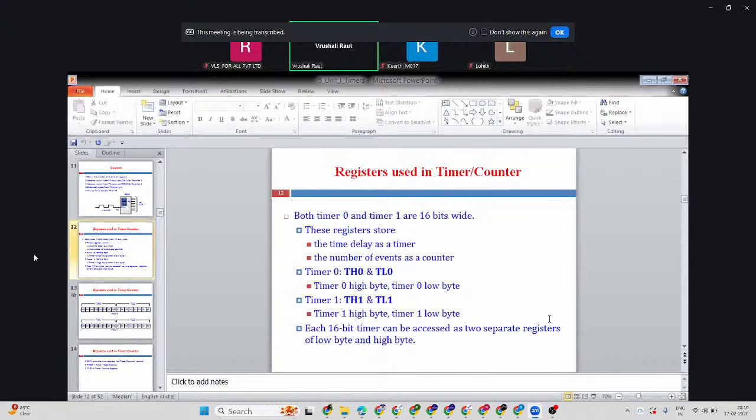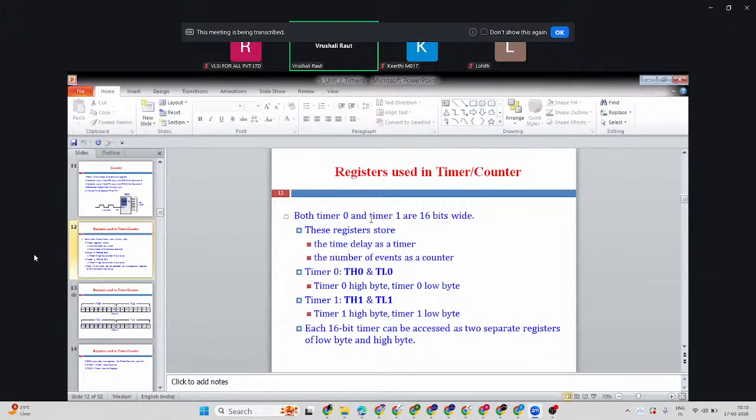For programming this counter and timer, we have some internal registers, and we will understand them here. Both timer 0 and timer 1 are 16-bit wide. These registers store the time delay as a timer, or the number of events as a counter.